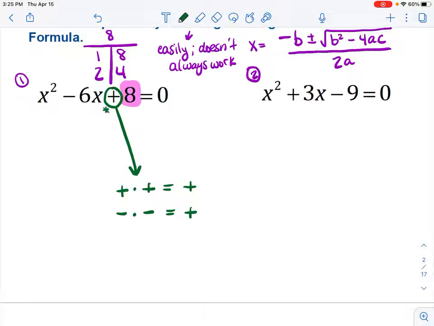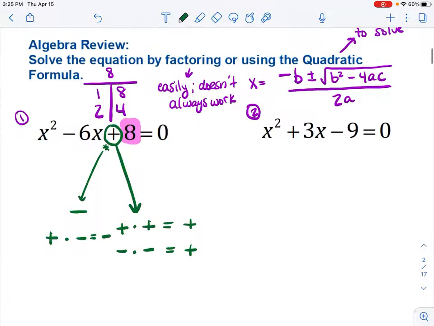Put a little asterisk here if this is actually a negative sign, then 1 has to be positive and 1 has to be negative for it to work out. Okay? So keep that in mind. We will have to use this idea considering we need our 8 to be positive.